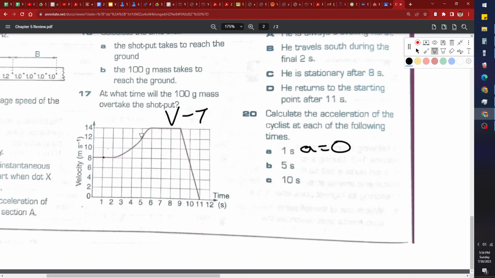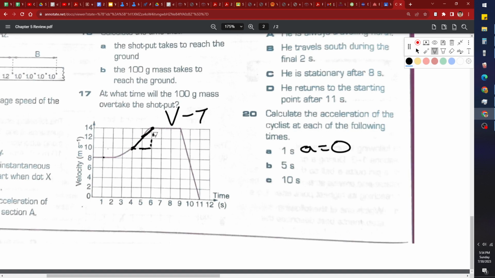At 5 seconds, well, we just draw a line through there, okay? That best matches that point through here. Okay, so it's a nice point. It was a straight line. You can see there's a nice point here and a nice point there. So we'll just stop there, find the change in velocity and find the time it took.